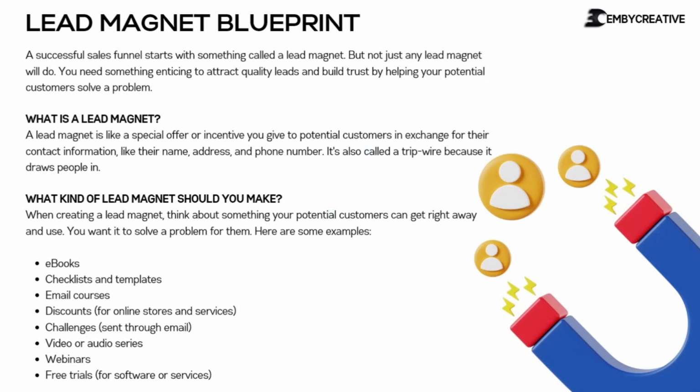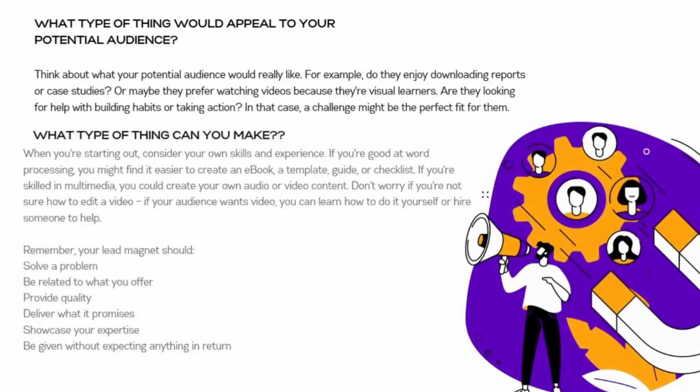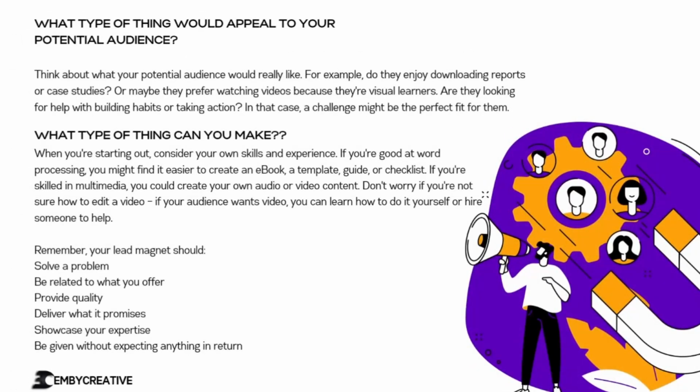This brings us to where I said, remember that your lead magnet should solve a problem. Number 2, it should be related to what you offer. Number 3, it should provide quality. Number 4, it must deliver what it promises. I say it again: it must deliver what it promises. Nobody wants to deal with a fraudster.